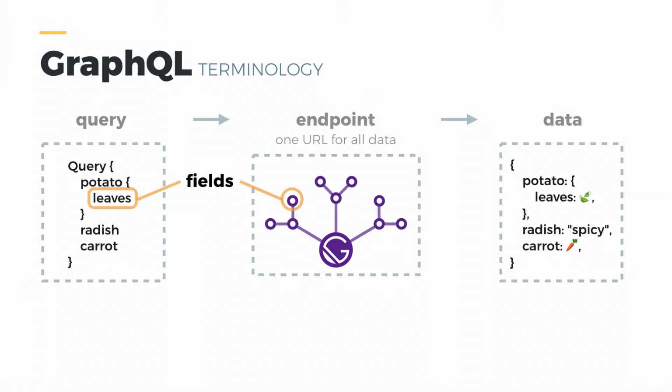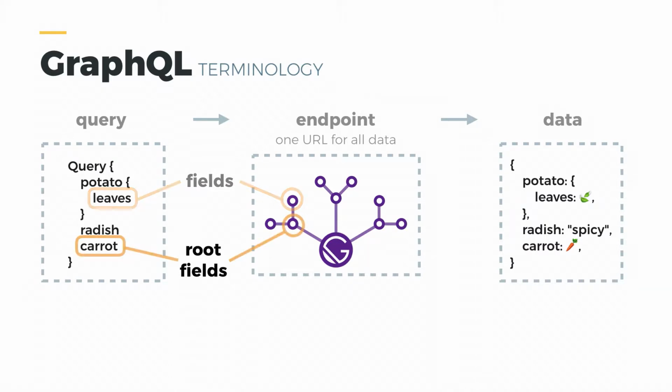Now let's look at what fields are, right? Every single one of those labels inside the query is a field, and all the little circles in the illustration are also fields. You can see that this circle on the illustration, that's our leaves. And the little circle in between the Gatsby logo and the orange circle, that's going to be our potato field, right?